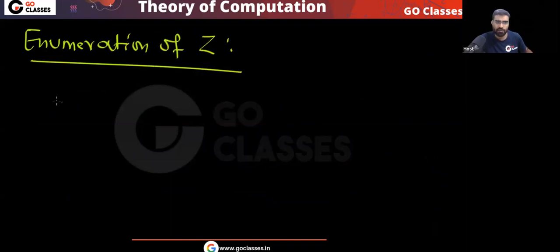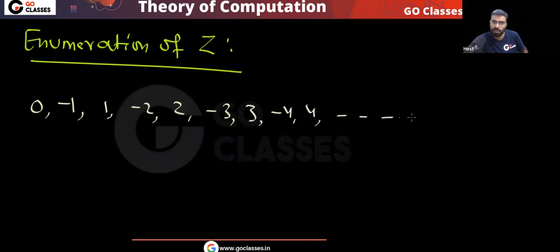So remember, enumeration of Z. I can give you enumeration of Z. Very simple: -1, 1, -2, 2, -3, 3, -4, 4, and so on.